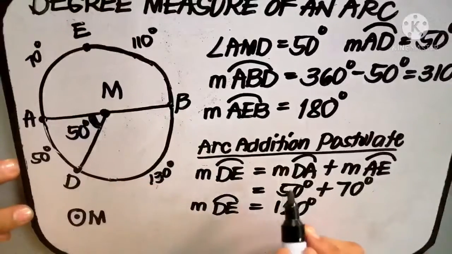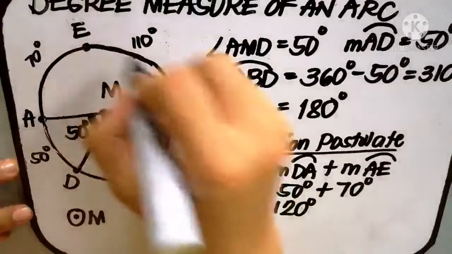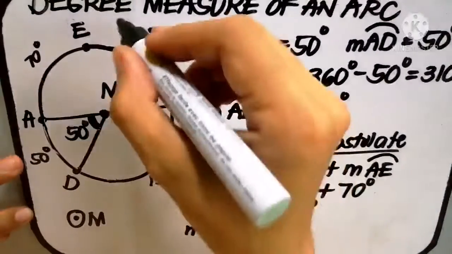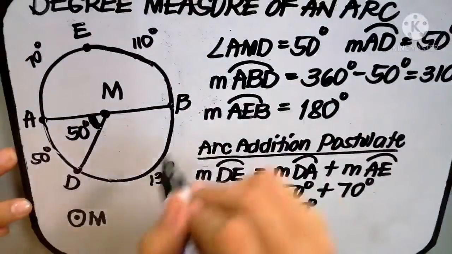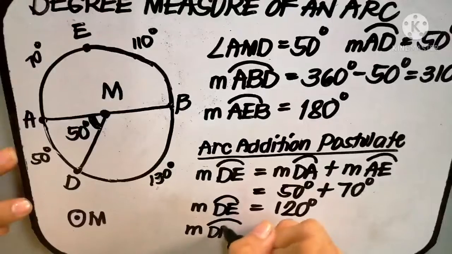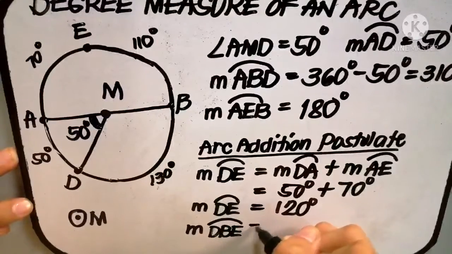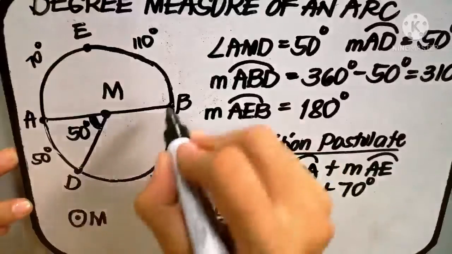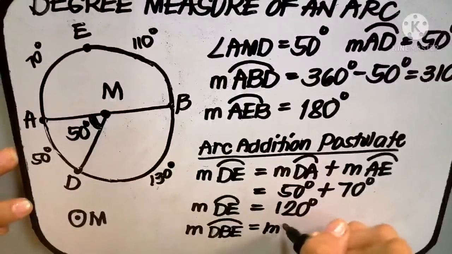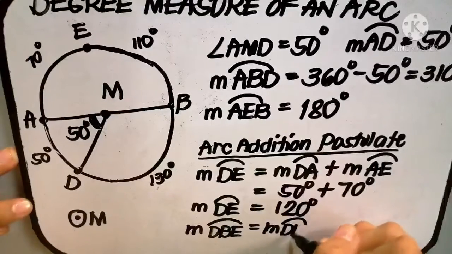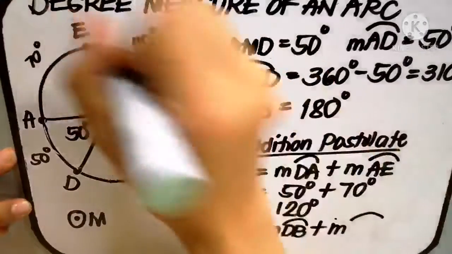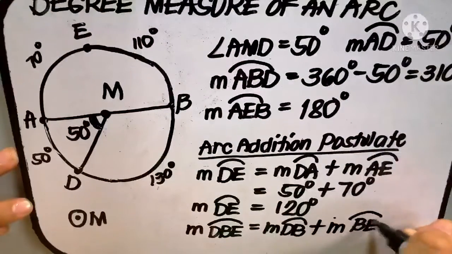Now, let's have another example. If we are going to get the measure of arc DBE, we need to get the sum of arc DB, which is 130 degrees, added to the measure of arc BE.